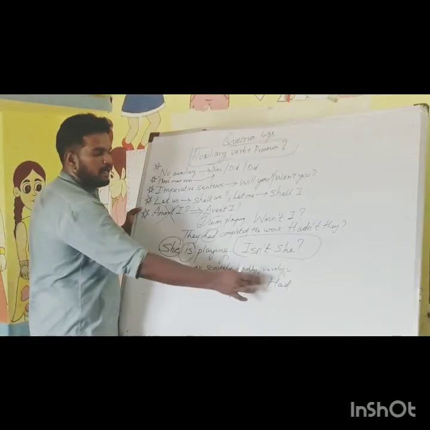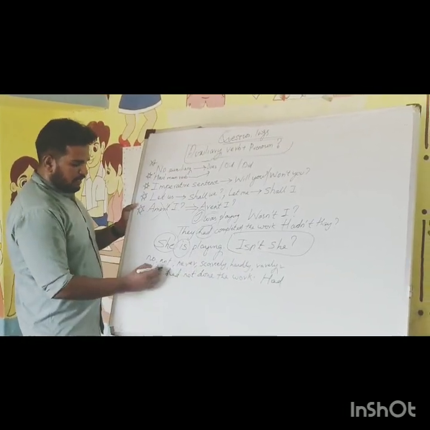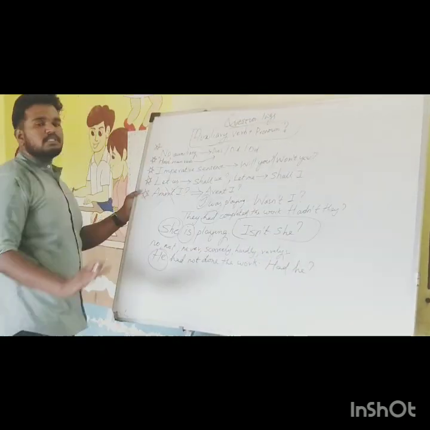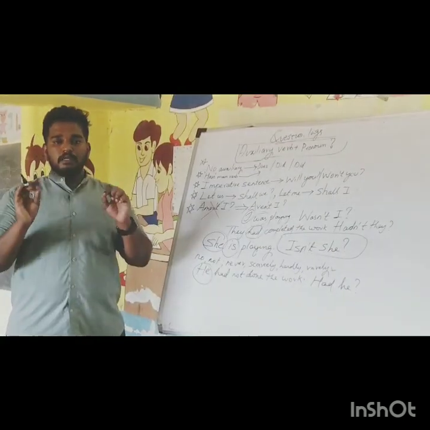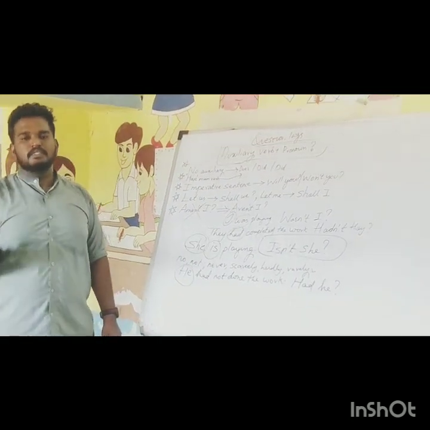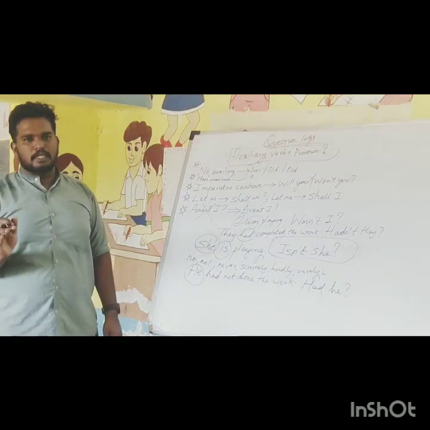You don't need to add anything to had, it is had itself. Then we have the pronoun he. Had he. So this is the common rule: if it is a positive statement, negative tag; if it is a negative statement, positive tag.